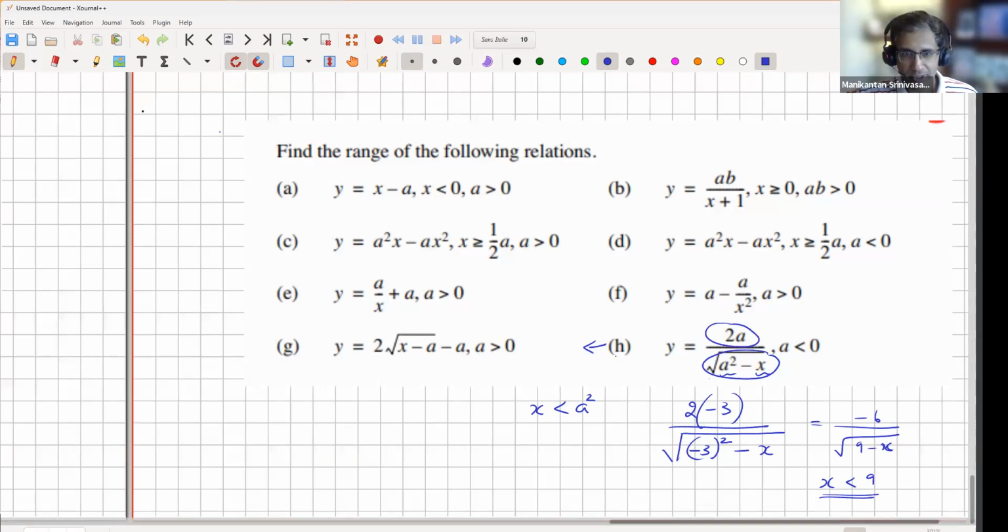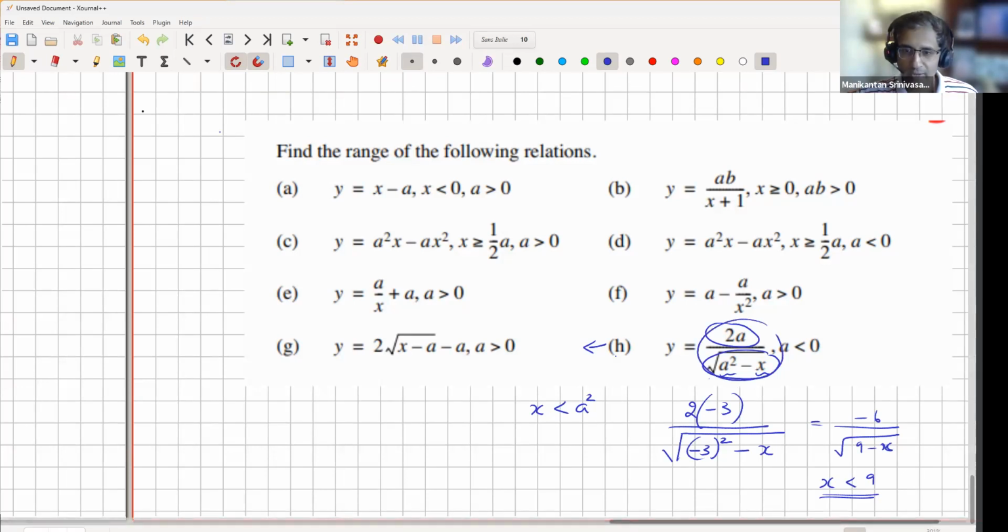But the numerator is a negative quantity. 2a is a negative quantity, because a is given to be less than 0. Which means it's a negative numerator upon a positive denominator, and the denominator can be as close to 0 and as high as infinity, which means we're going to cover all possible negative values for the fraction itself.